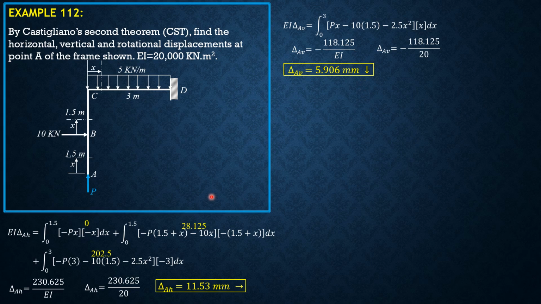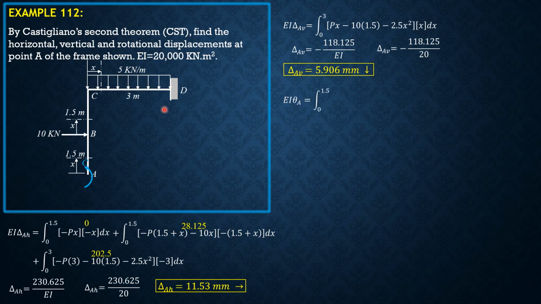So finally, we apply a positive couple counterclockwise at A as shown. Then still there's no moment here, just the couple, but the couple is 0. So here there is, and here. So we have two integrals.